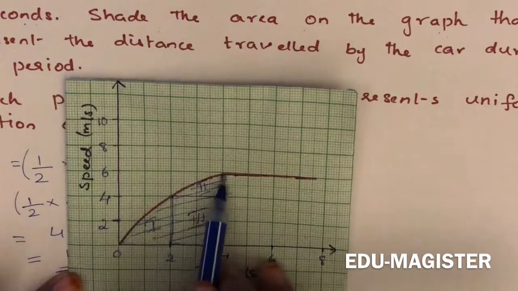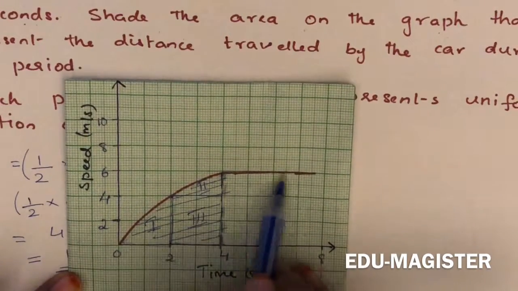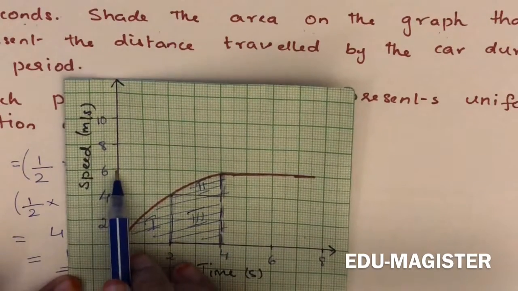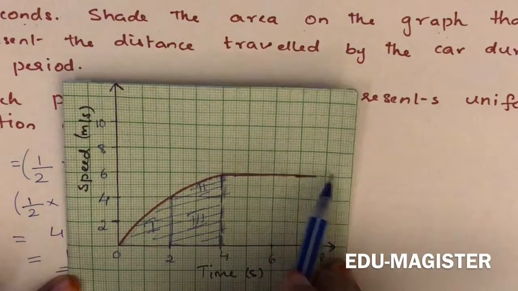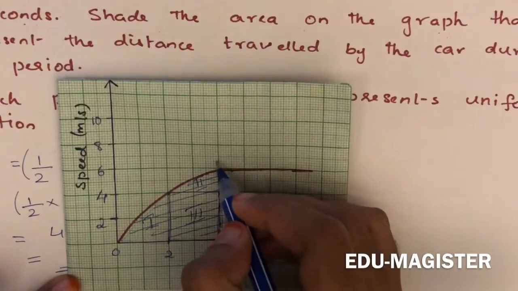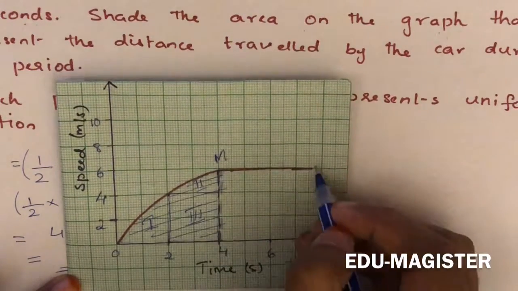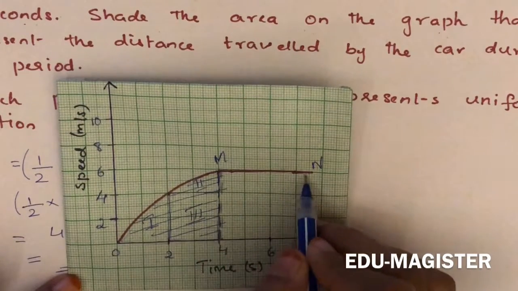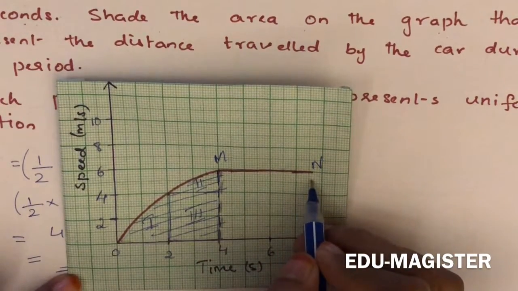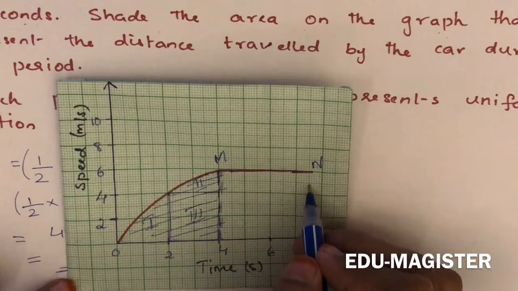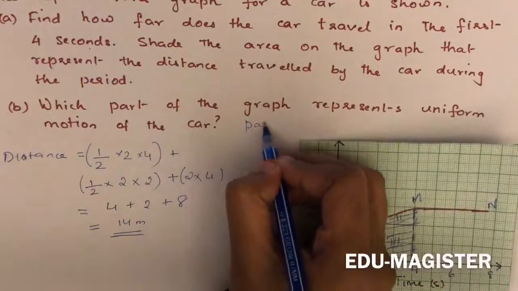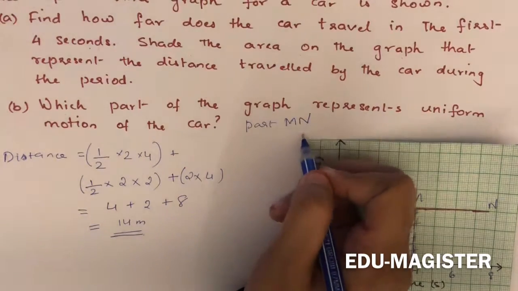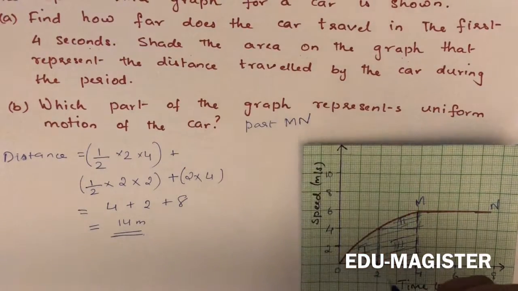It is this part, right? Here the speed in this region, the speed is not changing, it is uniform, that is 6 meters per second. So we can mark the graph, let it be MN. So the part MN of the graph represents uniform motion. This part MN on the graph represents uniform motion.